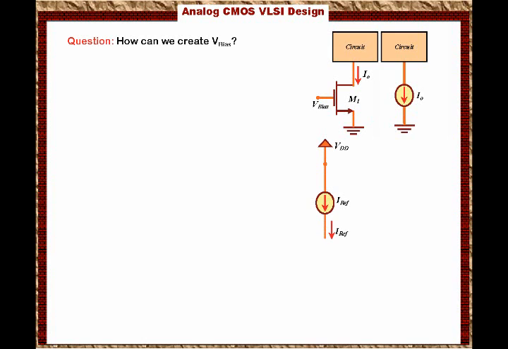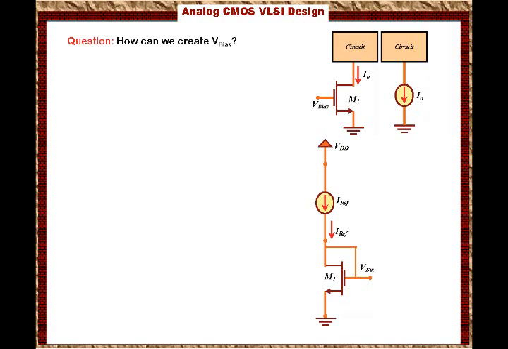We're going to call it IREF, and this current source is connected to a diode connected transistor called M1. If I adjust the value of I reference, I will be able to create a V bias at the gate of M1. So the question now is, how can I create I reference?